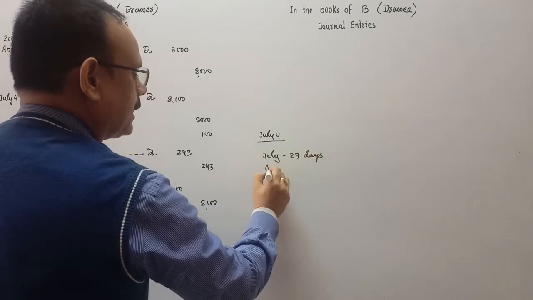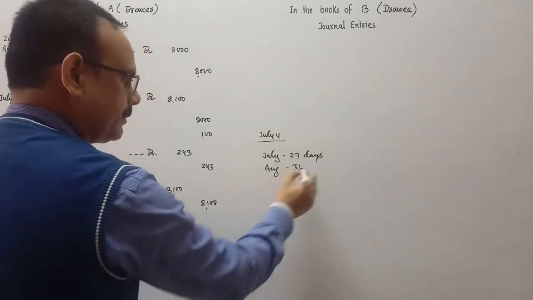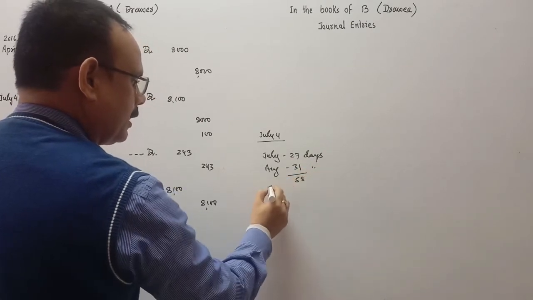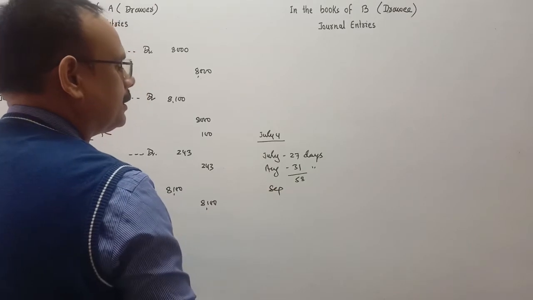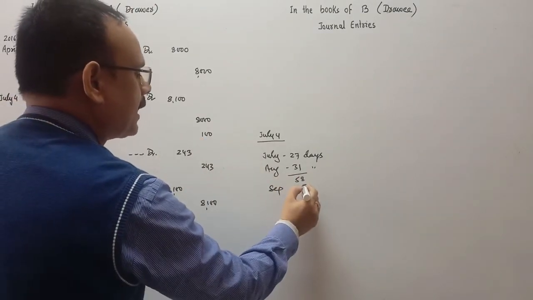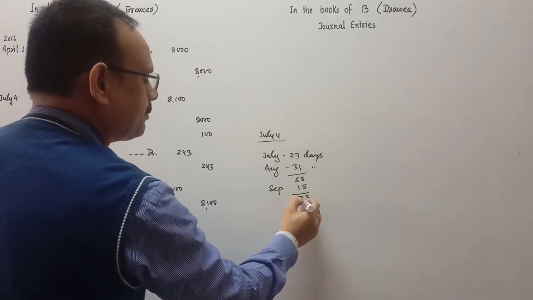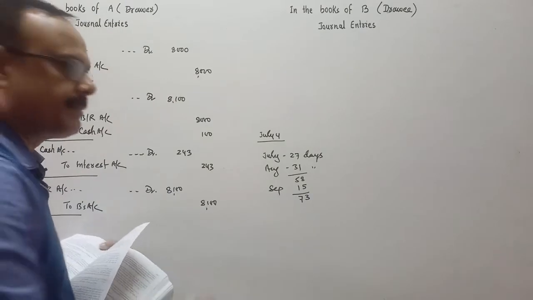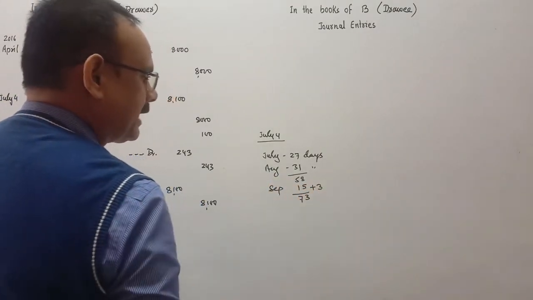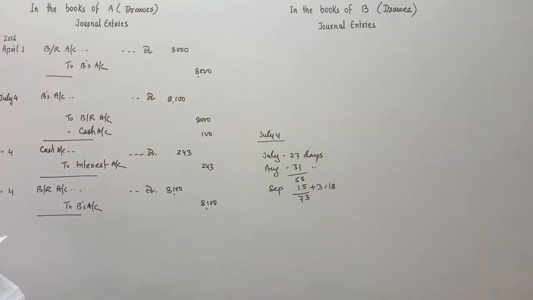August is the next month, of 31 days. So total is 58. Now September, total is 73, so it is 15 days. So 73 days is completed. September 15 plus 3 days of grace, so it is 18. September 18 is the due date.